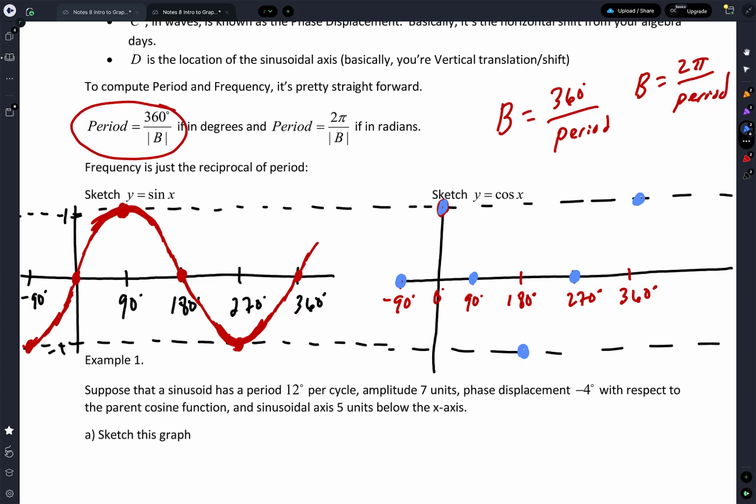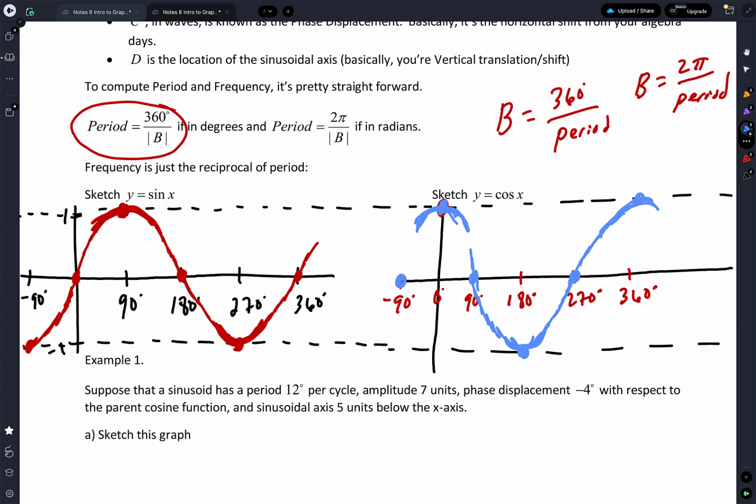Wherever you have maximums, upside down bowls, stretch it towards your points of inflection there. Wherever you have minimums, bowls. And then try to connect it. See, concave down, and then I pass that, concave up.